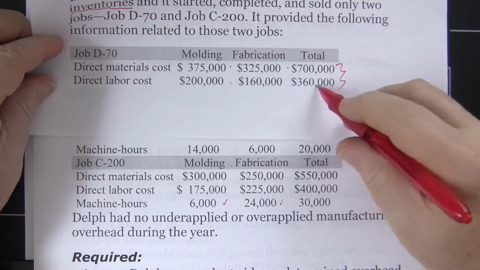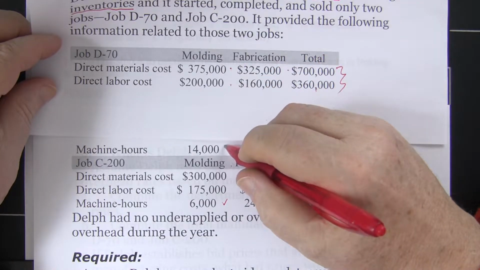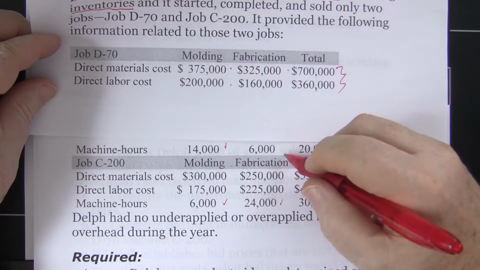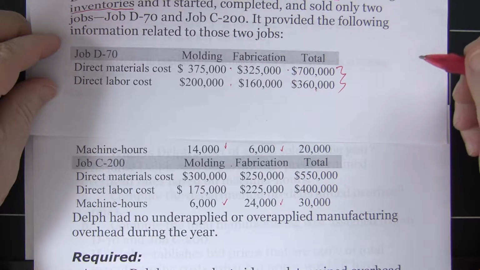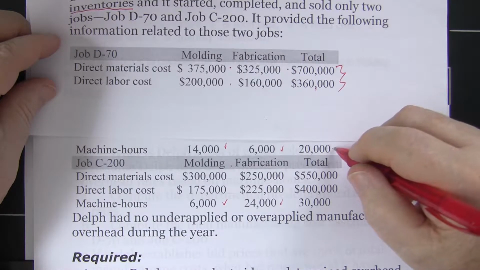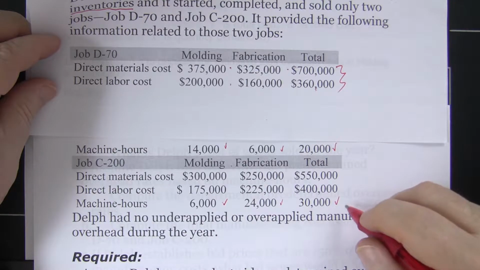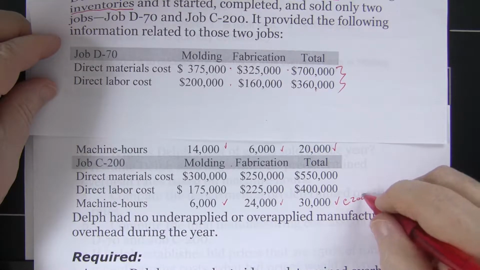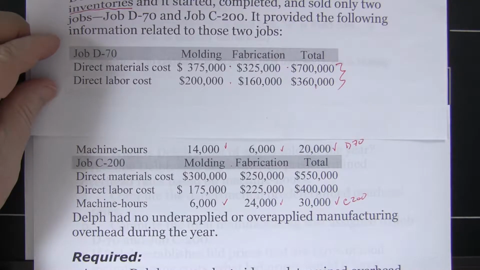And this piece belongs to this. So job D70 had 14,000 machine hours from molding and 6,000 hours from fabrication. Okay, so they're the total machine hours for job D70, machine hours for C200.